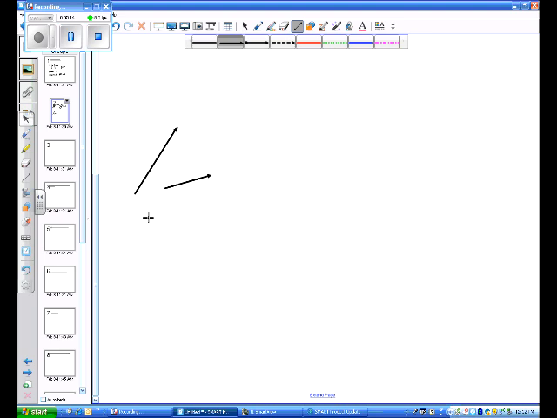Let me label these first so we'll know which one's which. We've got vector u and vector v. So if we want to add these together and we want u plus v, and we'll get a resultant vector, then what we'll do is this is called our head to tail.